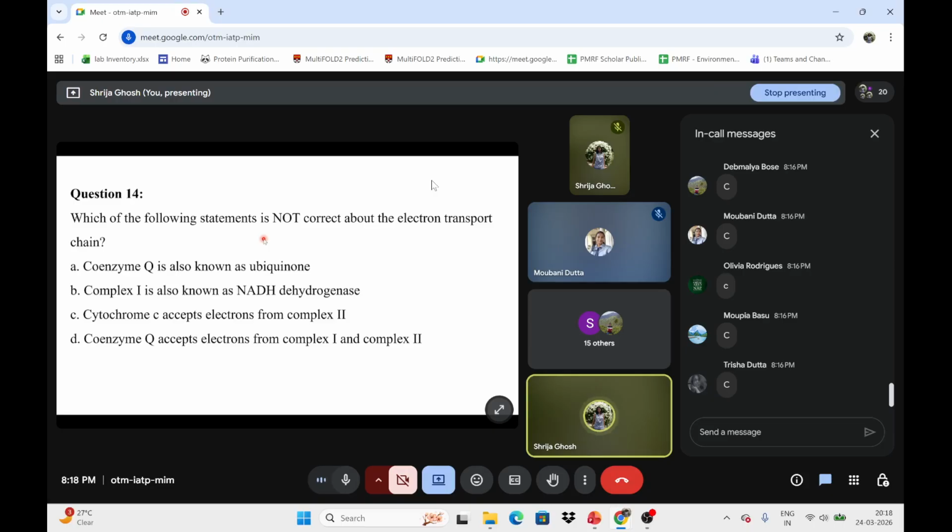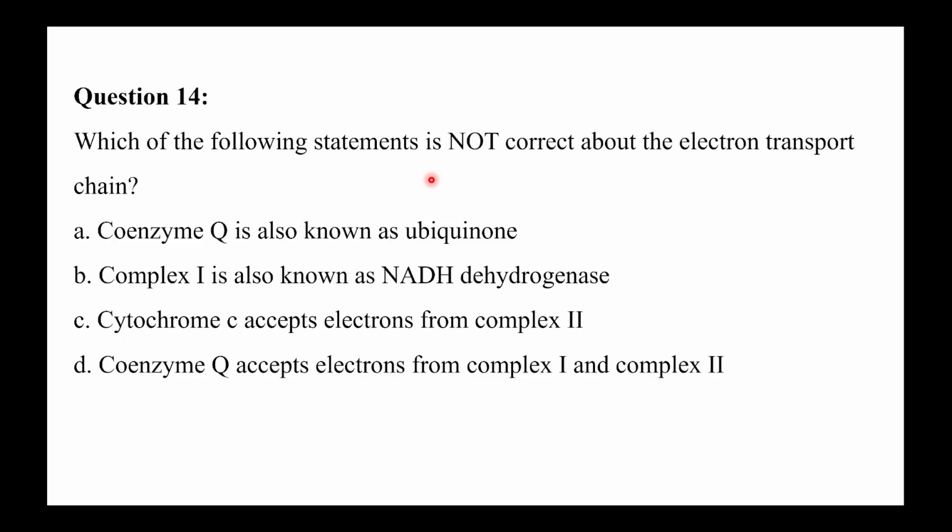Which of the following statements is not correct about the electron transport chain? Options are: option A, coenzyme Q is also known as ubiquinone. Option B, complex 1 is also known as NADH dehydrogenase. Option C, cytochrome C accepts electrons from complex 2. And option D, coenzyme Q accepts electrons from complex 1 and complex 2.